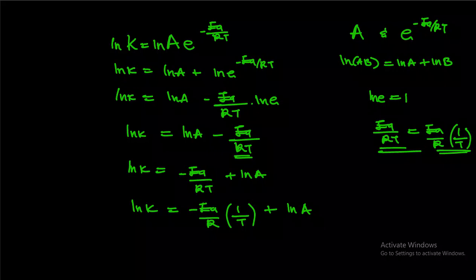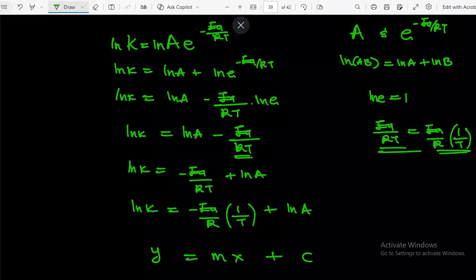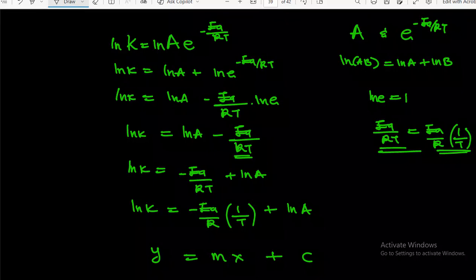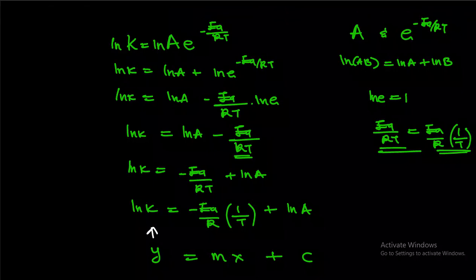I'm going to write the equation of a straight line, which we already know: y is equal to mx plus c. So that means the value of y is ln k. What is the value of x? x is 1 over T.